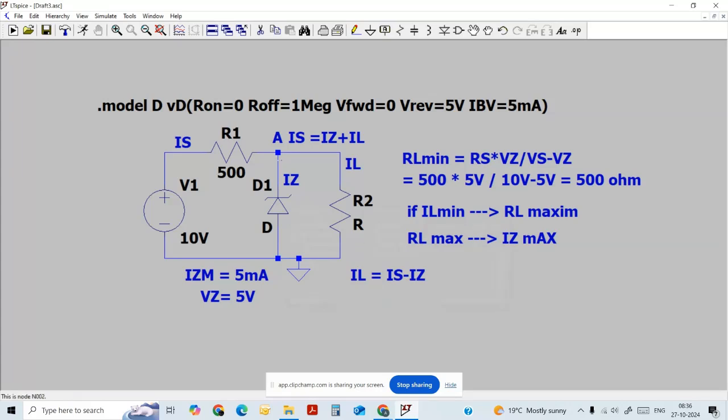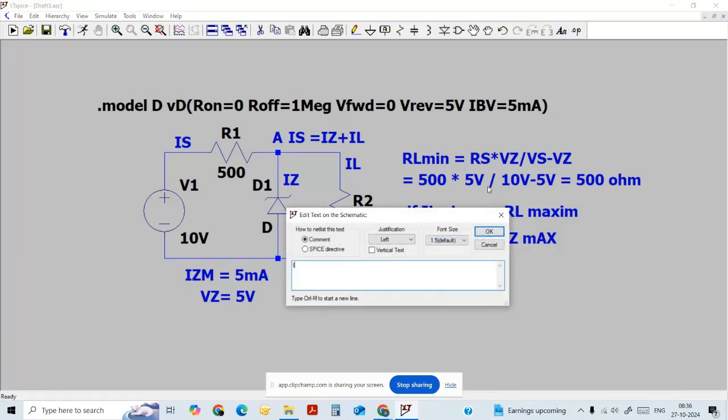So here we need to find the current across the series resistance, so IS is equal to VS minus VZ divided by RS, which is equal to 10 minus 5 volt divided by 500 ohm.